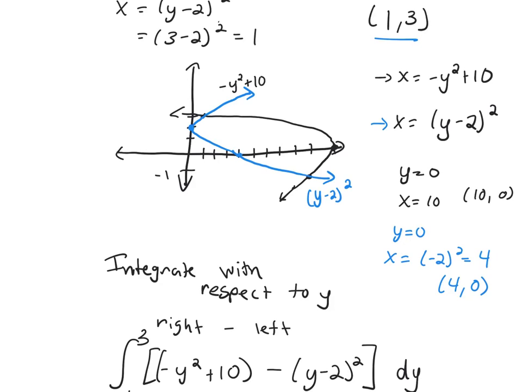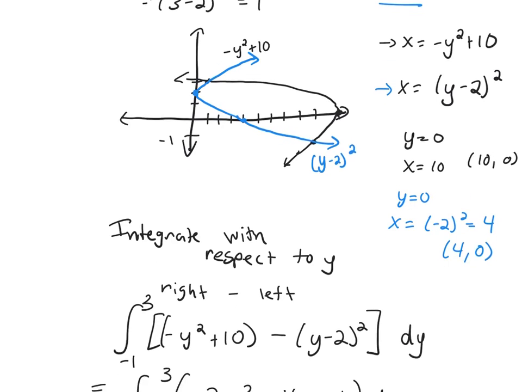It'll make it a lot easier. If you wanted to integrate in terms of x, you would have to compute 1, 2, 3 separate intervals in order to do that. And I don't want to compute 3 intervals, I don't know about you. If I can do 1, then I'd rather do the 1. And that's exactly what happens here.